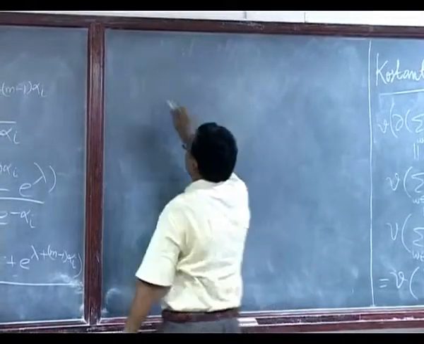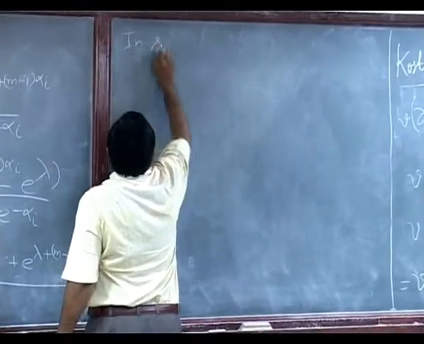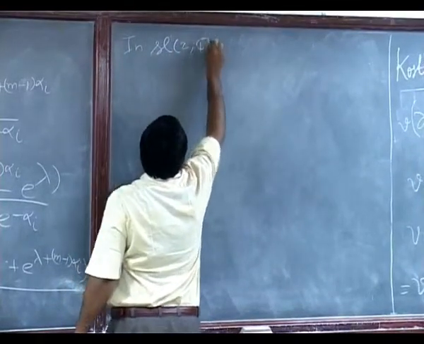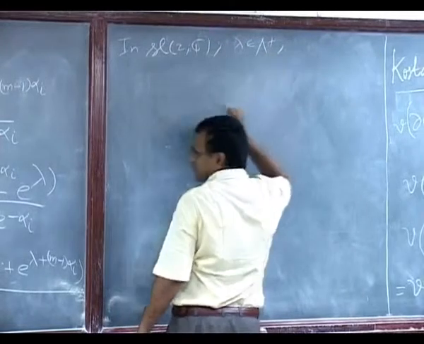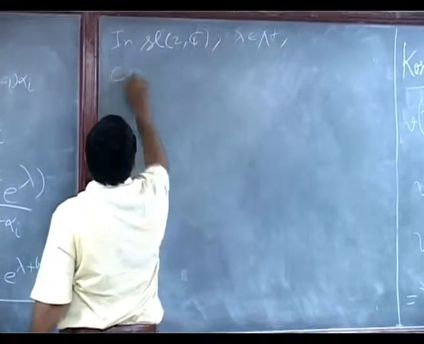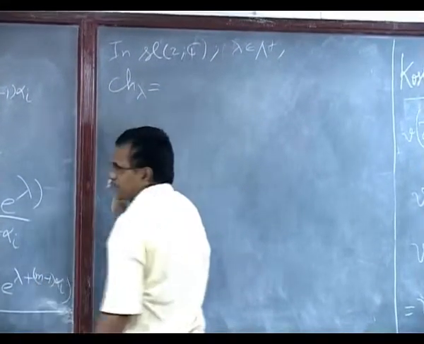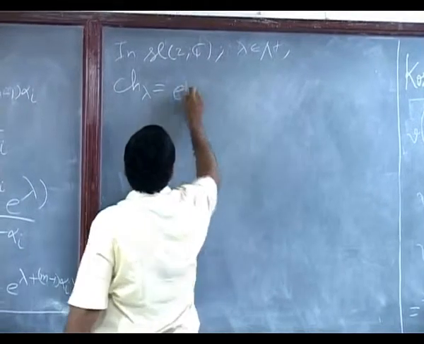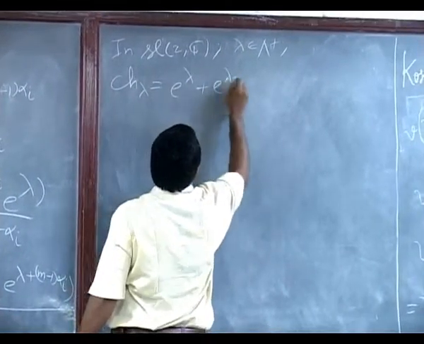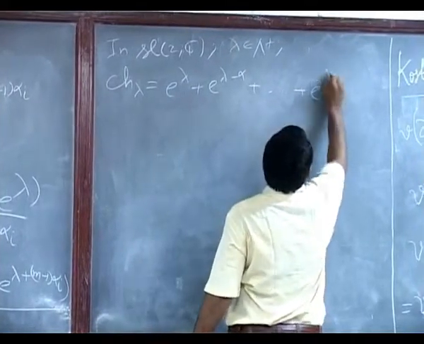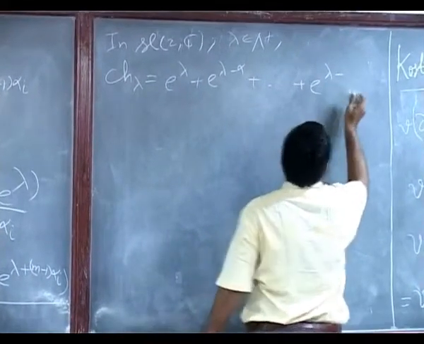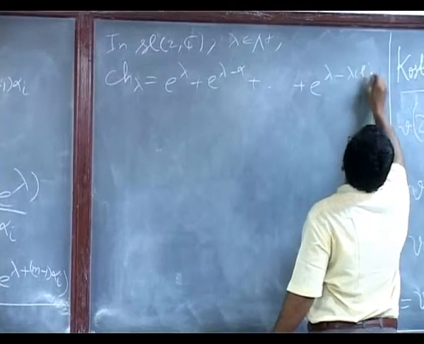In SL2, and lambda dominant, ch lambda is e^lambda plus e^{lambda minus alpha} plus up to e^{lambda minus lambda(h) alpha}.